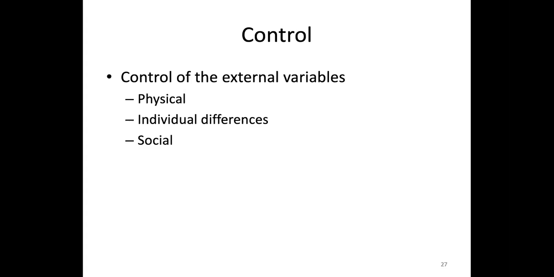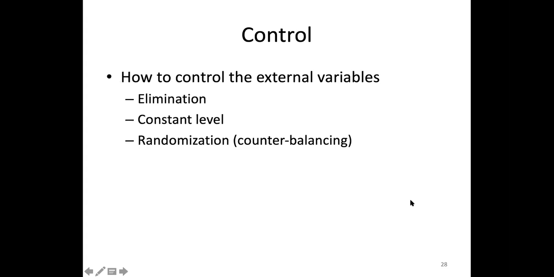And all those variables are physical variables, so variables related to the physical properties of the stimuli, of the environment, and so on. Individual differences, social differences, everything should be controlled for. And the techniques that are used to control for such variables are elimination.